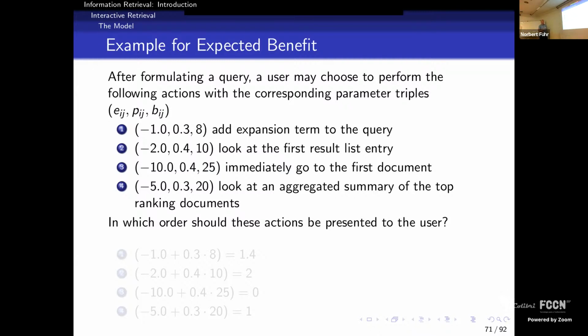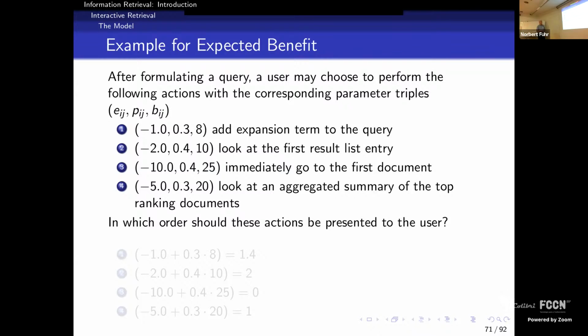Or the user looks at the first result list entry that takes 2 seconds, and with probability 0.4, that's what the user wants, and would give a gain of 10 seconds. Or the user goes immediately to the first document, and reading it might take 10 seconds.